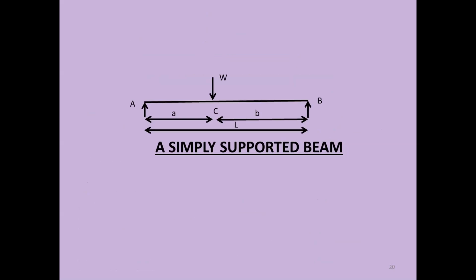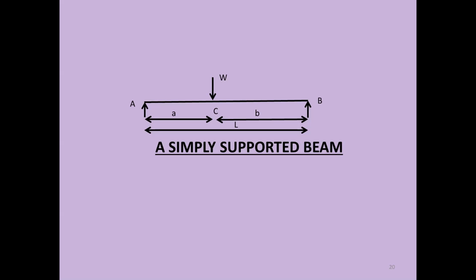Now coming to the solution steps. First of all, we are going to find the reactions at the 2 points A and B. And since the load is acting at a point C, we are going to obtain the moments for the two sections of the beam, that is section AC and section BC.